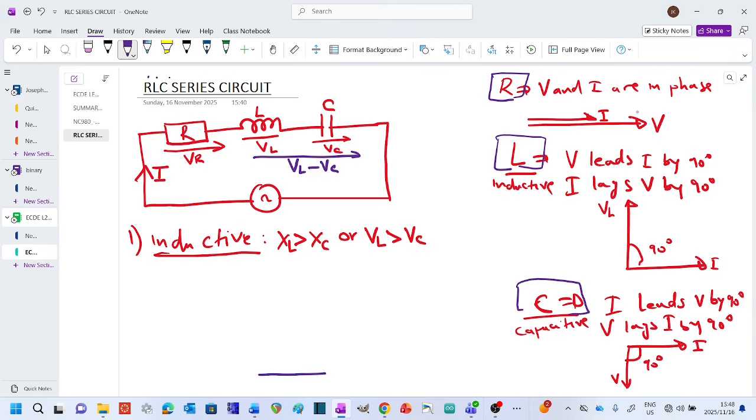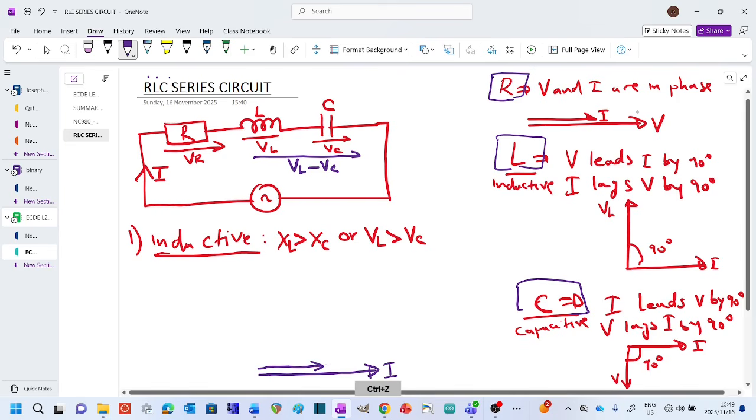So there is our current I. Now for our resistor VR, how is VR versus the current? VR is in phase with the current, so VR is going to be there. That's our VR.